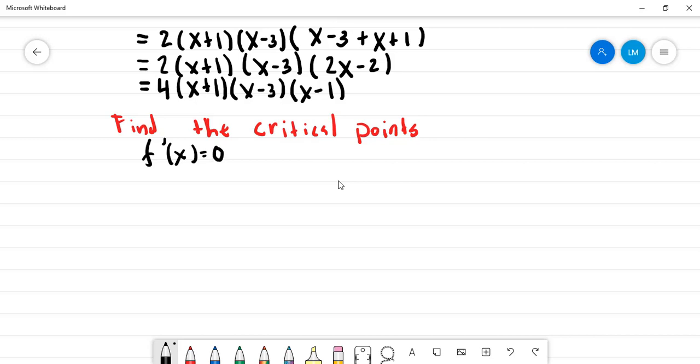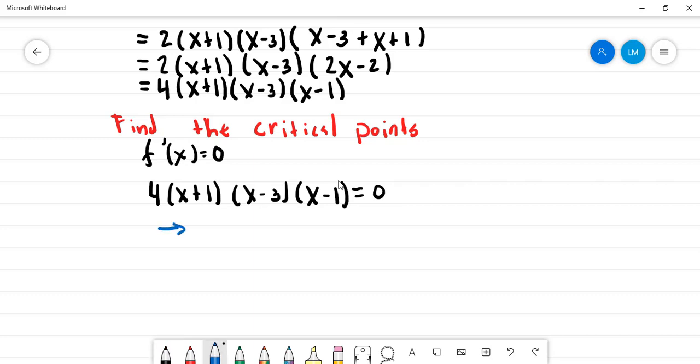If that's the case, then 4 times x plus 1 multiplied by x minus 3 multiplied by x minus 1 is equal to 0. This gives us a set of critical points as follows: x equals negative 1, x equals 3, and x is also going to equal 1.